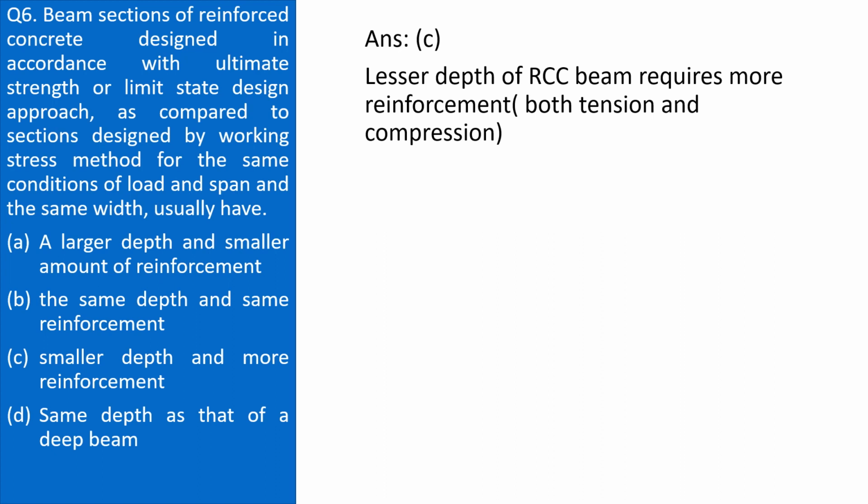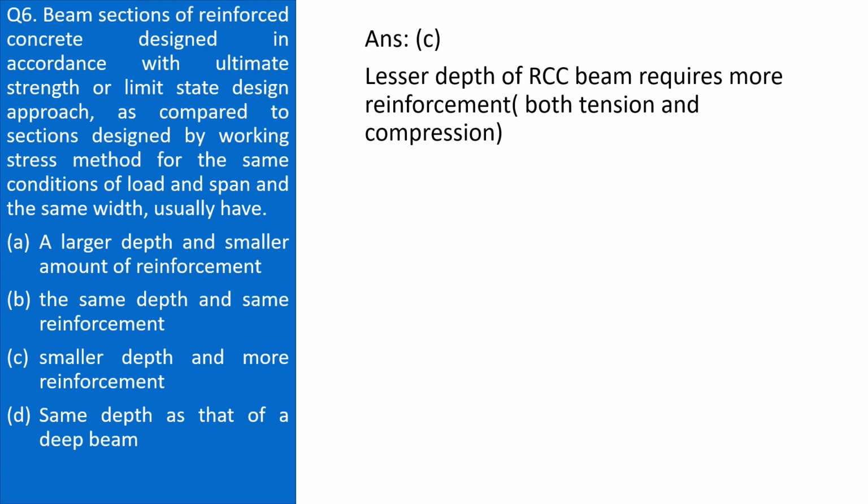Here answer is C. Lesser depth of RCC beam requires more reinforcement, both tension and compression. In the case of single and doubly reinforced sections, while adopting a doubly reinforced section, we have an aim: we have to reduce the depth of the beam.